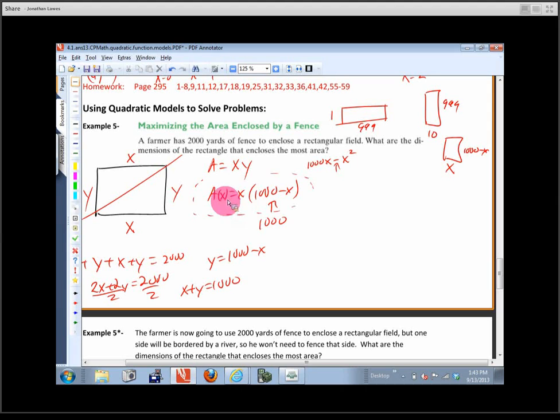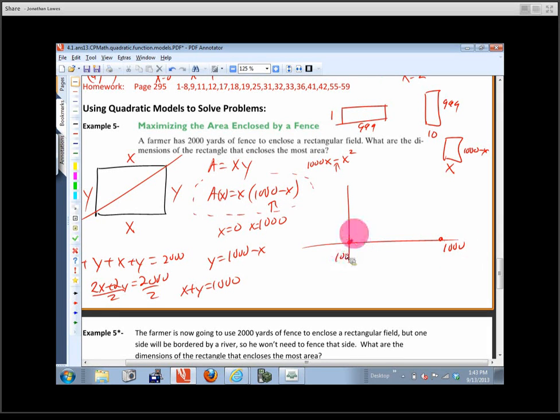What would make this factor equal to 0? It'd be 0, wouldn't it? Okay, for some reason that trips people up. What would make this one equal to 0 is 1,000. What makes this one equal to 0 is 0. Okay? Those are the x-intercepts. It crosses at 0 and it crosses at 1,000.